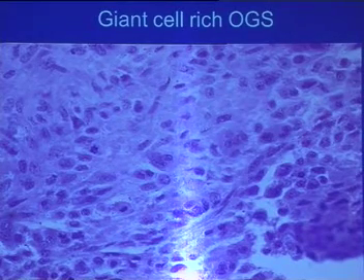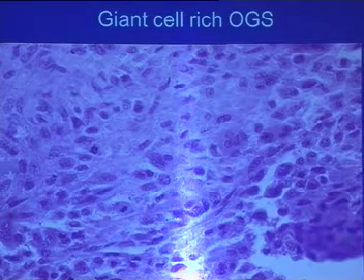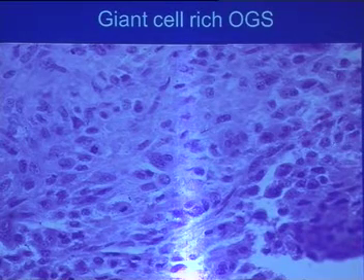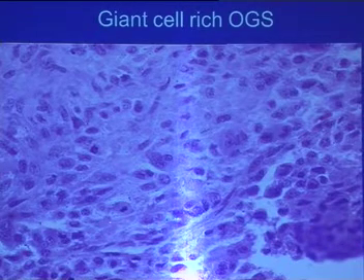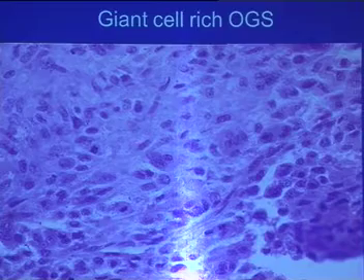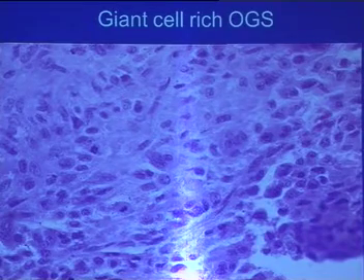We have seen several giant cell rich osteosarcomas which are not really telangiectatic, and as I mentioned, we do have a problem distinguishing them from giant cell tumors of bone.